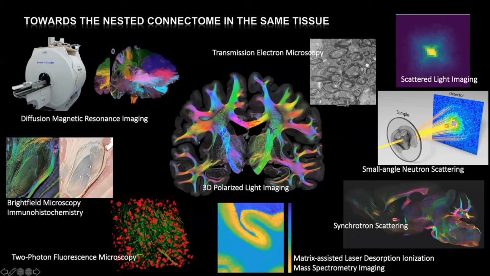Scattering, I presented the visible light scattering, but of course you can use neutrons. We did. We are currently preparing or finalizing a paper on that, and X-ray scattering has already been published.